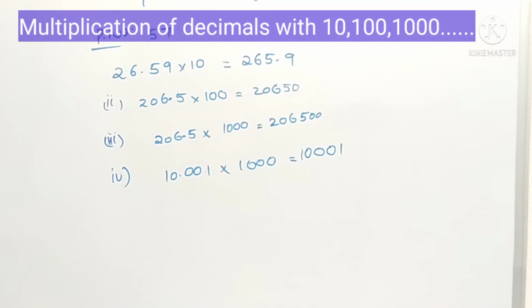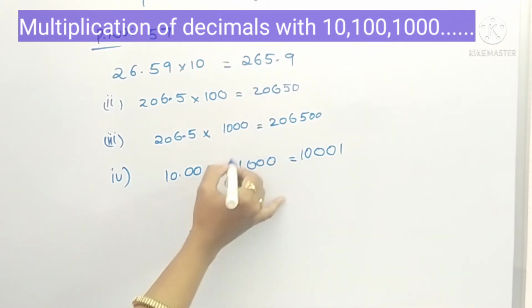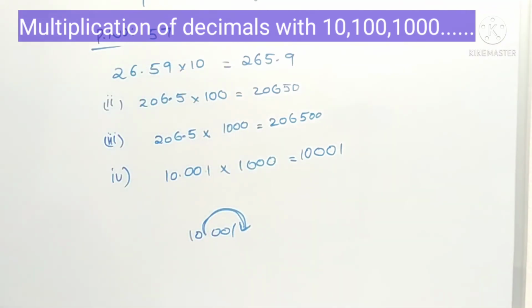Okay, so in this way we can multiply a decimal with 10, 100, 1000. So the main concept here is to multiply a decimal numbers by 10, 100, 1000. We just shift the decimal point. Okay, shift this decimal point in the product as many places to the right as the number of zeros after 1.